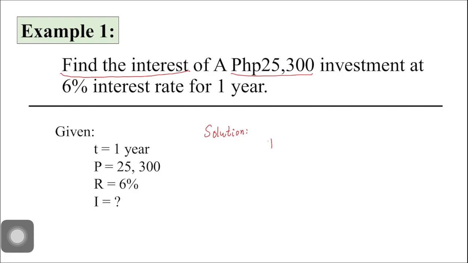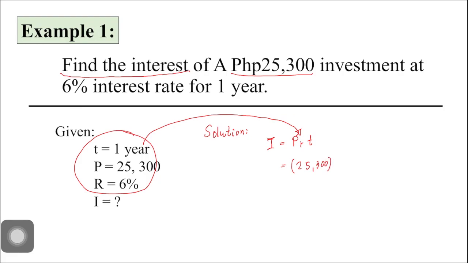I is equal to P R T. So using the given T, the P, and the R, substitute the given in the formula in order to get the I or the simple interest. Here P is 25,300.